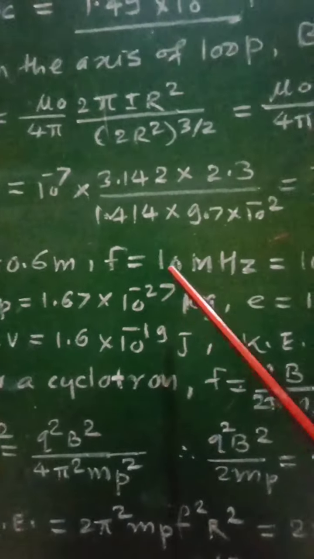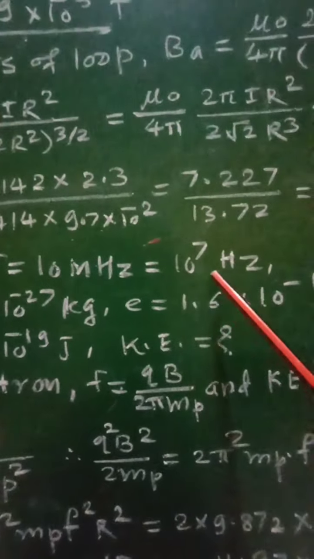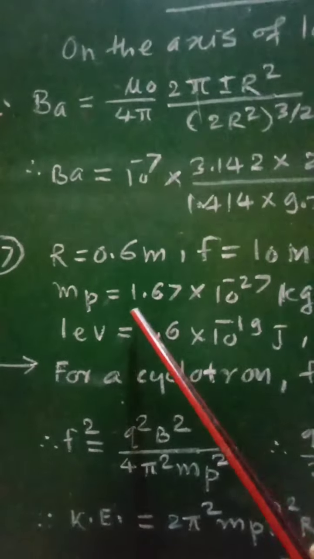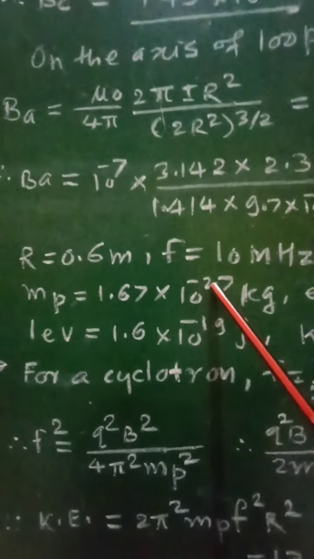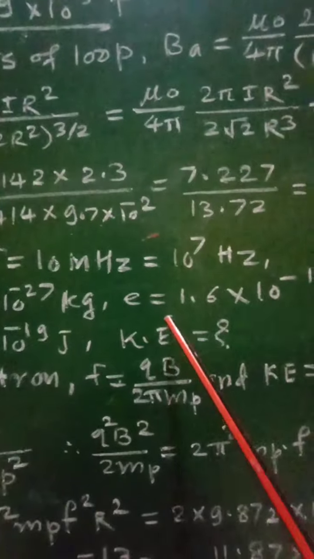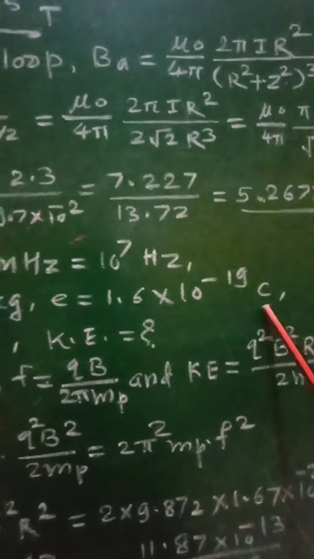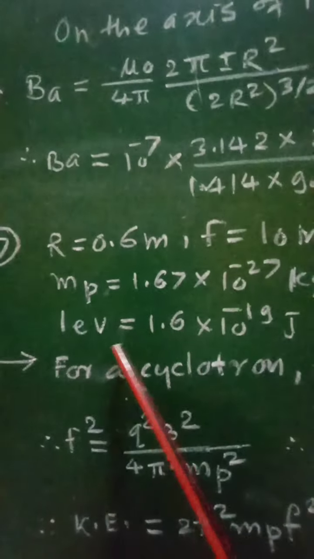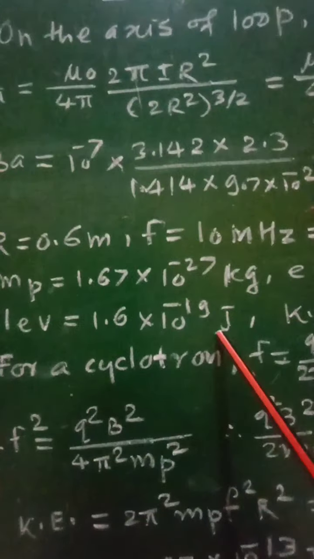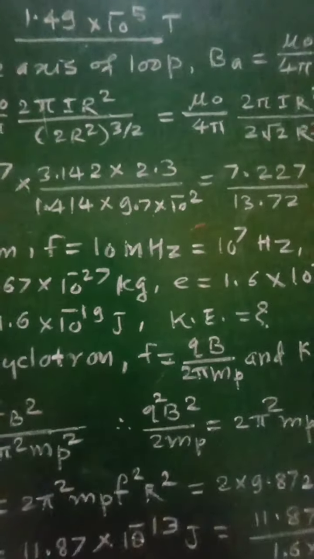Then frequency f is equal to 10 megahertz, that is 10 into 10 raised to 6, that is 10 raised to 7 hertz. Mass of the proton is given 1.67 into 10 raised to minus 27 kilogram. Then charge on electron e is equal to 1.6 into 10 raised to minus 19 coulomb. And 1 electron volt is equal to 1.6 into 10 raised to minus 19 joule. And we have to find out the kinetic energy KE.